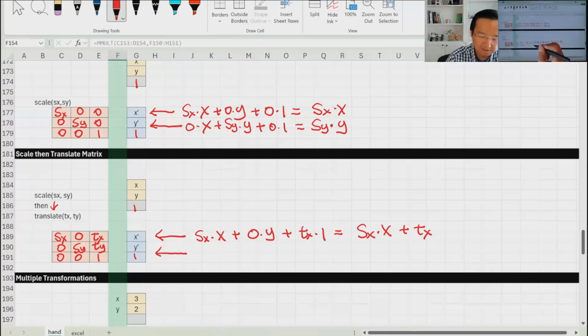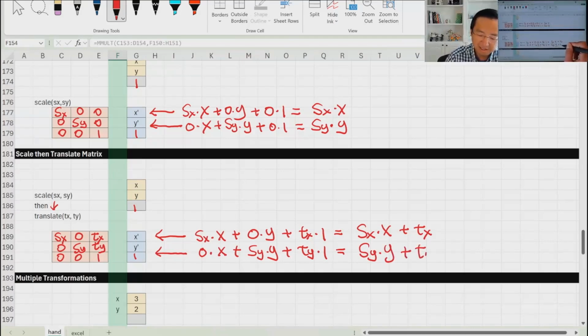Now the next one: 0 times x plus Sy times y plus ty times 1, and this gives you Sy times y plus ty, okay? Similarly, scaling y and adding translation along y. So that is how the scale and translation matrices can be combined together.